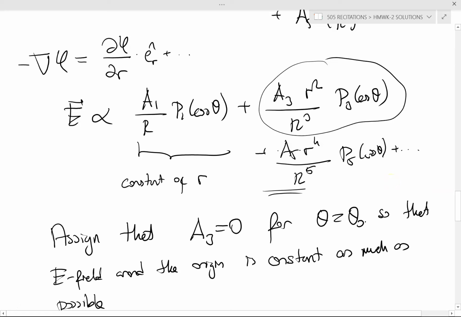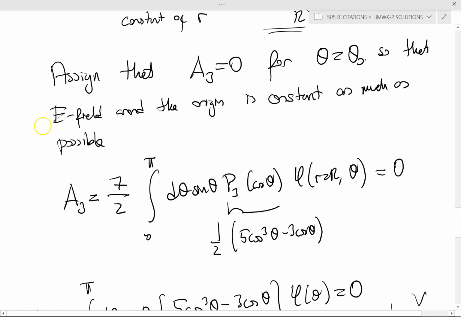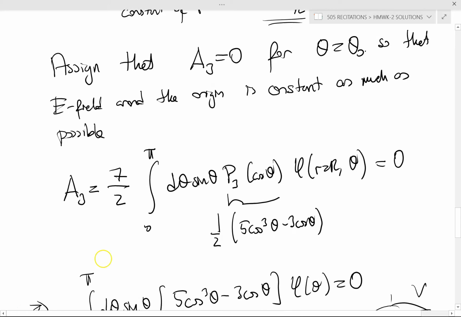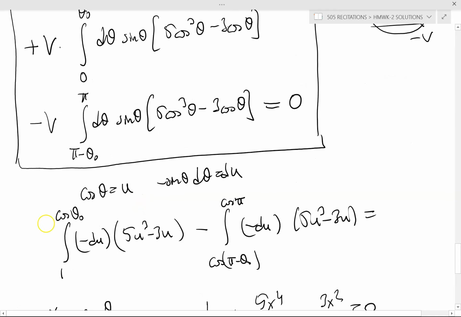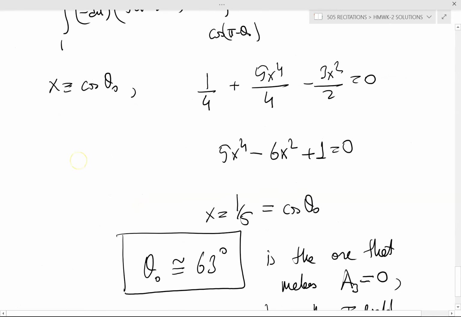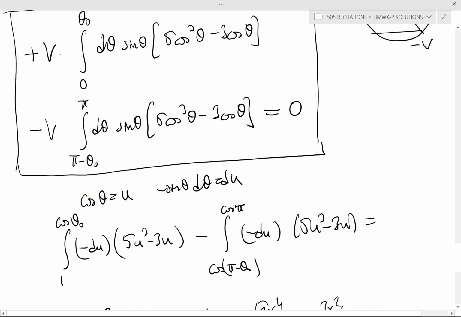So I would like to make sure that the third order is just equal to 0, and that can be done through this process. We already know what AL is equal to, as the A3 is equal to this one, so the rest is just careful algebra. And at the end, theta 0 equal to 63 degrees gives us what we want.